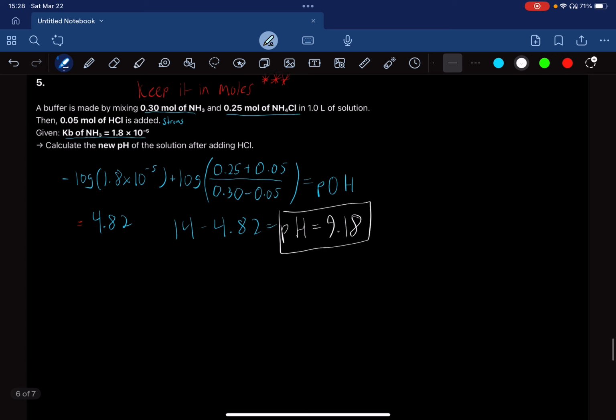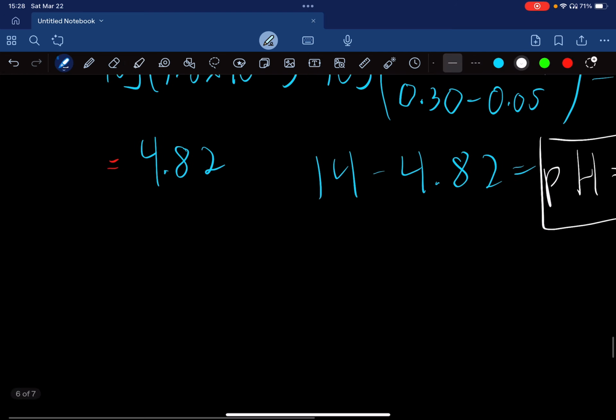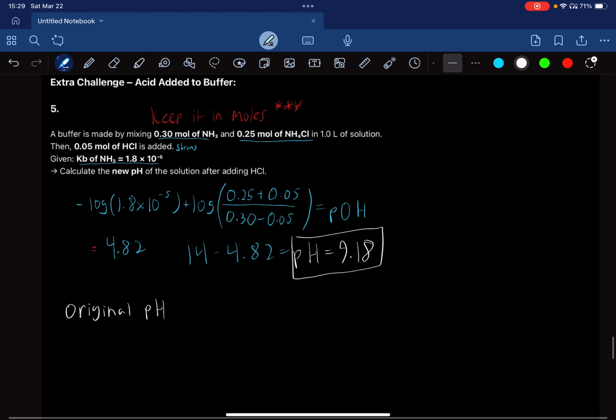Let's see how much of a difference we got after we added HCl, compared to before. So let's calculate the original just for fun. Even though the question didn't ask, I'm just going to show it to you. Original pH.